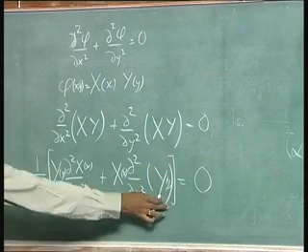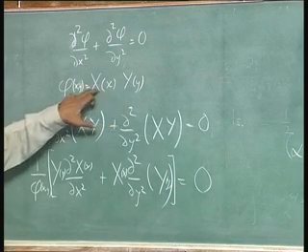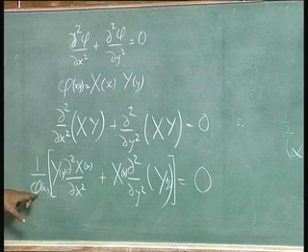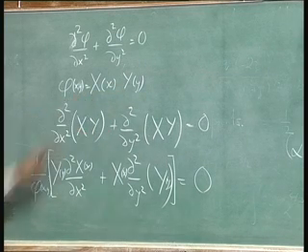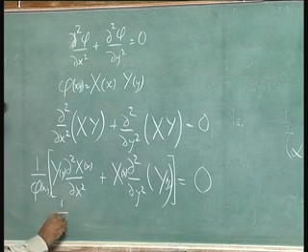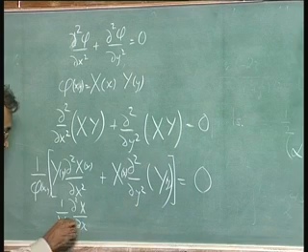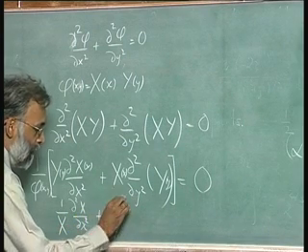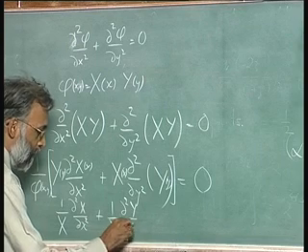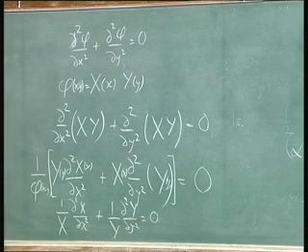Since the bracket is equal to 0, if I divide it by phi, it is still 0, but phi is equal to X times Y. So, if I divide by X times Y, one Y will cancel out and I will get 1 over X. So, I get 1 over capital X del squared capital X by del x squared plus 1 over capital Y del squared capital Y by del y squared is equal to 0.